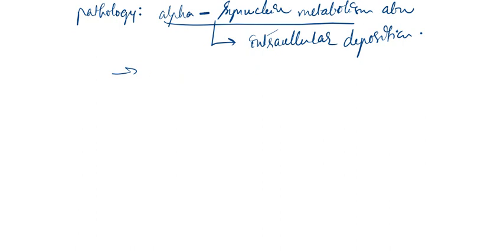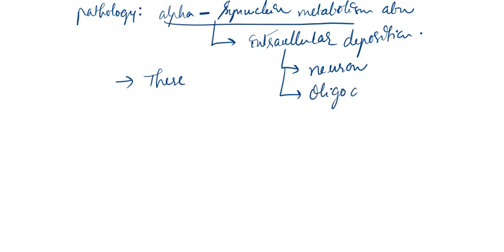They are present in neurons as well as in oligodendroglial cells.